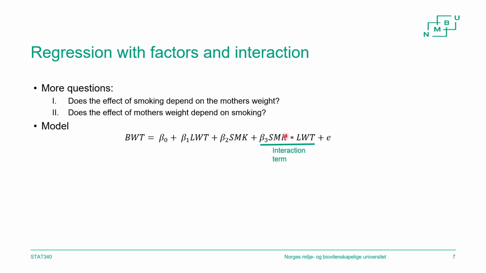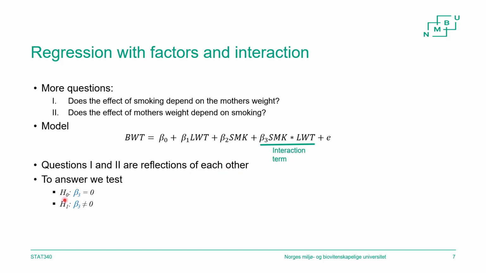Right? So this is interaction, when you have these dependencies between the variables. So questions 1 and 2 are reflections of each other, and in order to answer, we simply test for this regression coefficient, beta 3. Because again, you can see if this is 0, this term vanishes, and it says there is no effect of smoking depending on the mother's weight, or mother's weight depending on smoking.